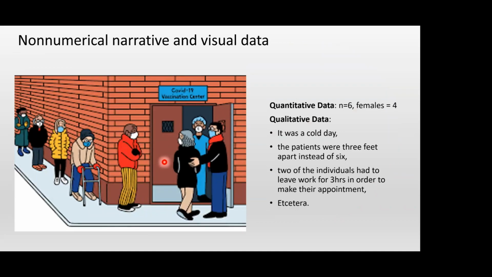It highlights certain differences between qualitative and quantitative data. While quantitative data is numeric, as in this example, we have 6 individuals awaiting COVID-19 vaccination, 4 of which were females. On the other hand, qualitative data is subjective and seeks to describe the individual's lived experiences. It helps to tell their life stories that led to them standing there in line awaiting vaccination.